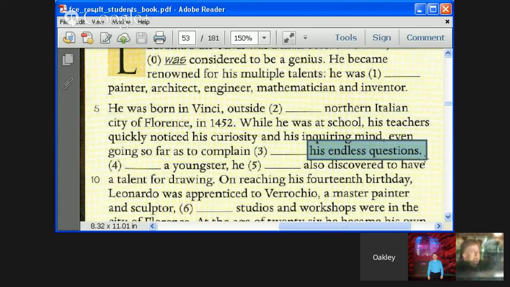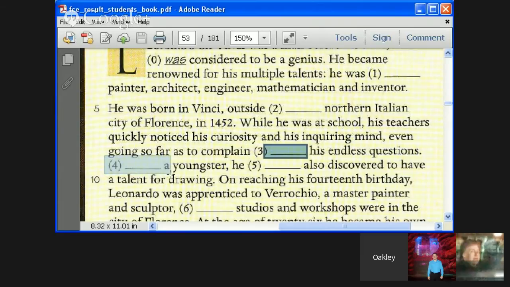Just say, complain blank something. His teachers complained blank something. Well, that may help you: complain about something. The answer is about.